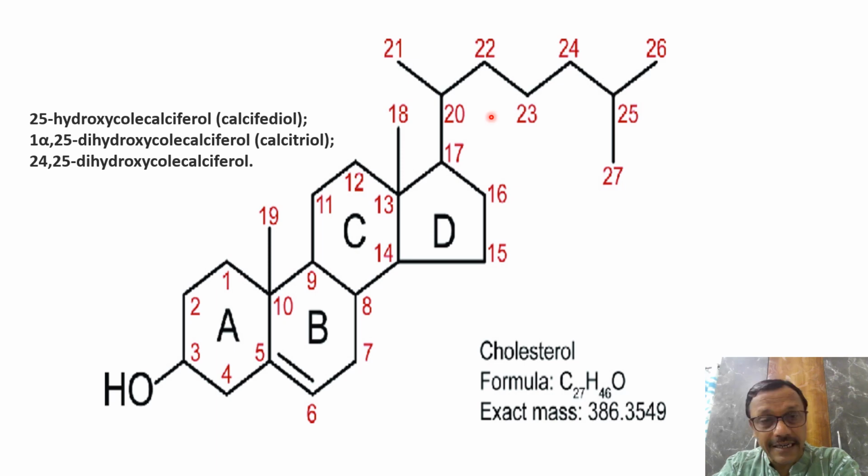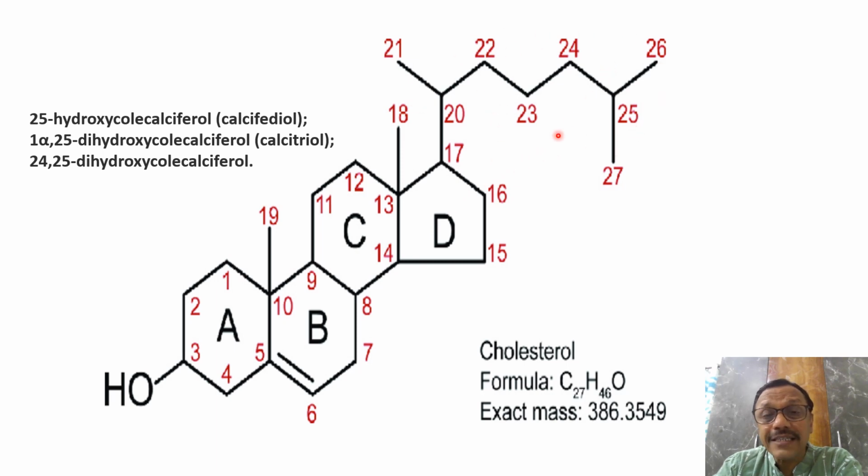Okay, so please remember that when we are saying 25-hydroxycalciferol, that means something is there at the position of 25. When we are saying 24,25-dihydroxycalciferol, that means we are saying at the position of 24 and 25. So the main difference between D2 and D3 is only the side chain.